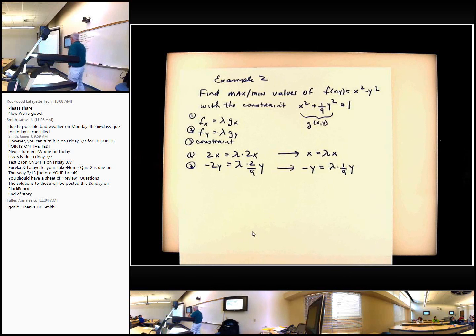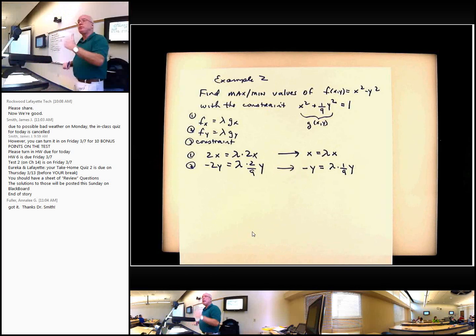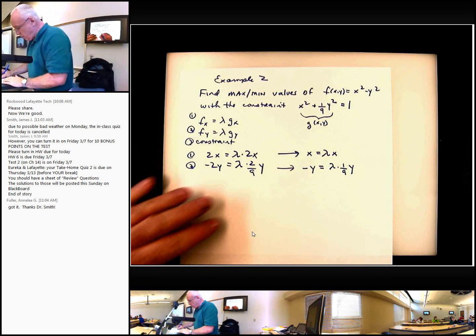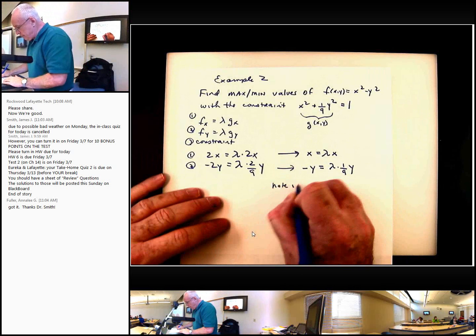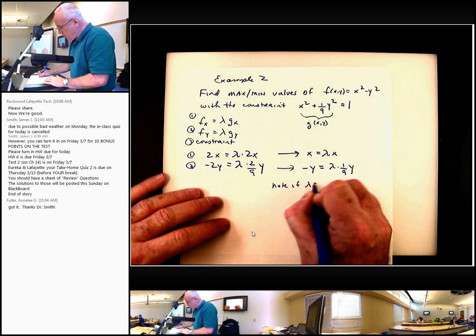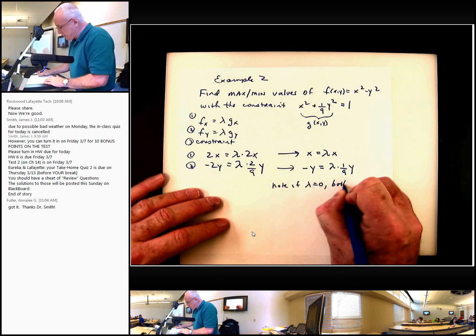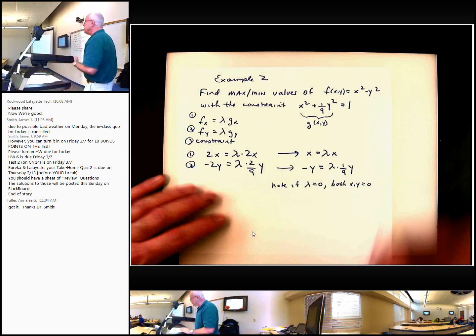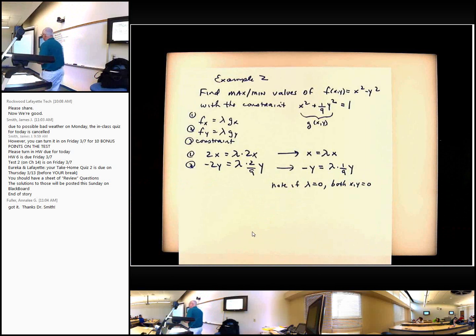So the question is, on those two equations, what if lambda is equal to 0? X would be 0. What about y? Y would also be 0. So note, if lambda equals 0, that means both x and y from those two equations would both have to be 0.